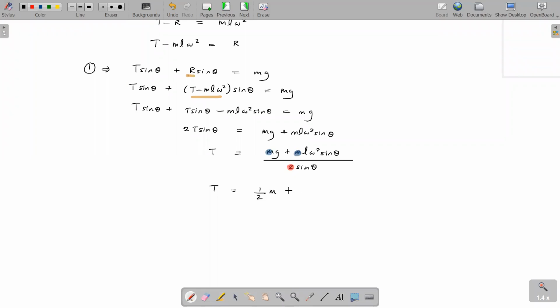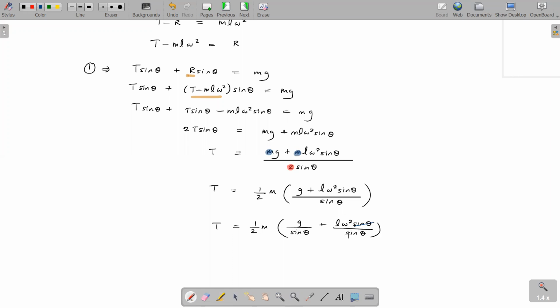So half m, times g plus L omega squared sine theta, divided by sine theta. T equals half m, separating the terms: g over sine theta plus L omega squared sine theta over sine theta.